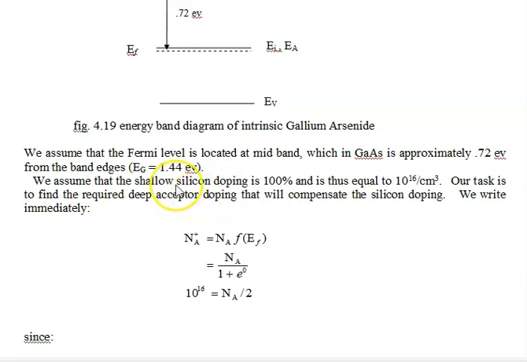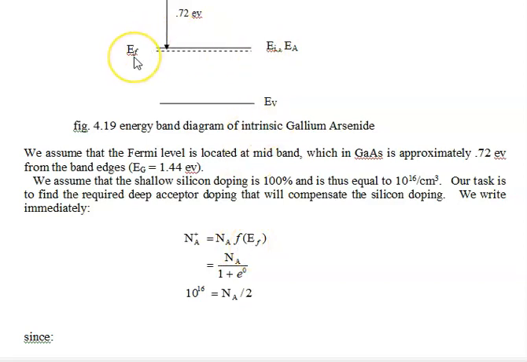So now I want to compensate using chromium, which is right smack dab in the middle, and I find that the number of ionized acceptors is equal to the number of acceptors multiplied by the probability that the state is occupied.